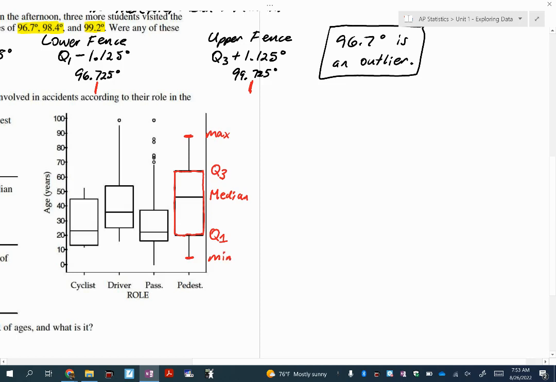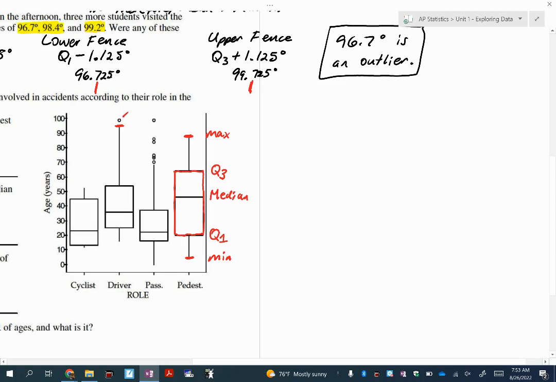If you look at the two to the left, driver and passenger, you'll notice those little circles. Those open circles are outliers. Since driver only has one outlier, this number here, let's say 95, gosh, that's an old person driving, is the highest data value inside the upper fence.